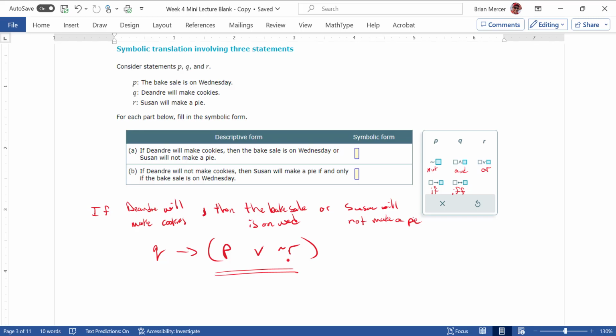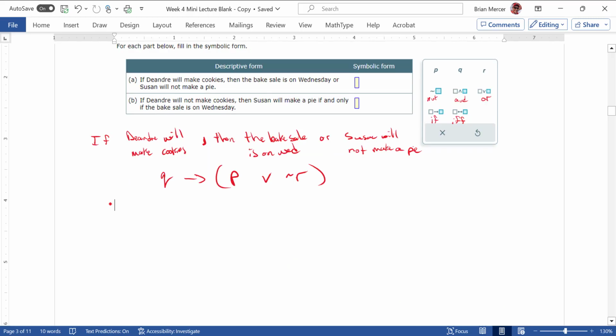The second one, so that second statement says if DeAndre will not make cookies, comma. So again paying attention to the comma, then what?